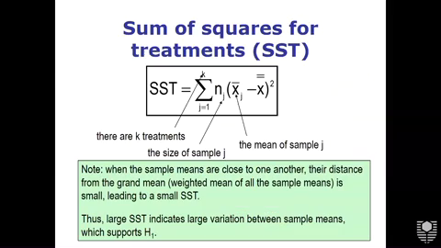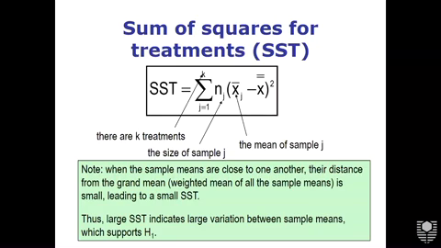So SST is the sum of squares for treatment. By the way, this one will be readily given in the summary output of the Excel.